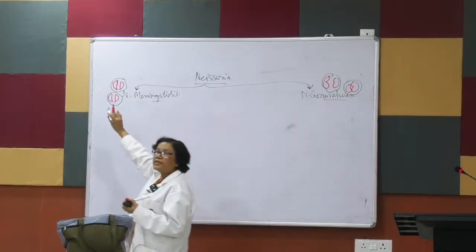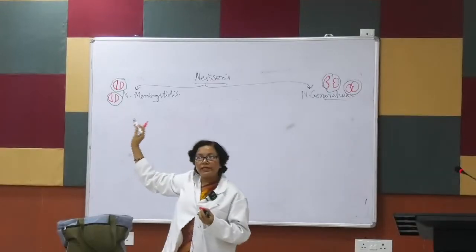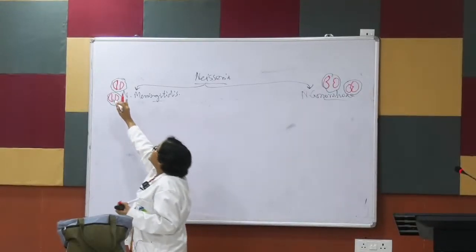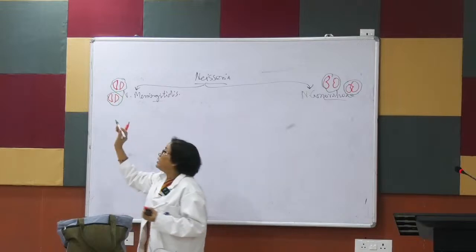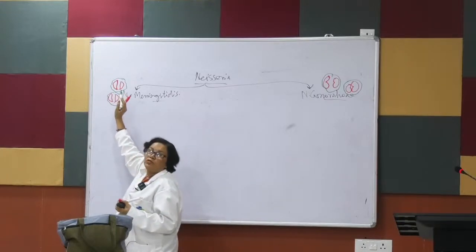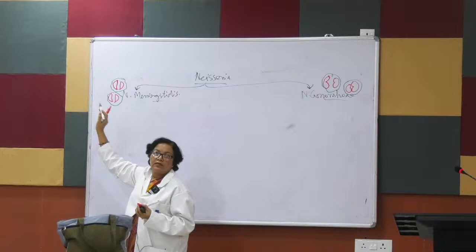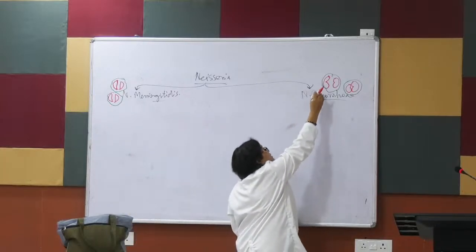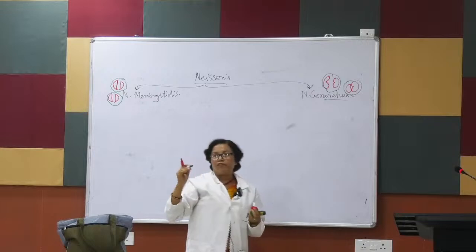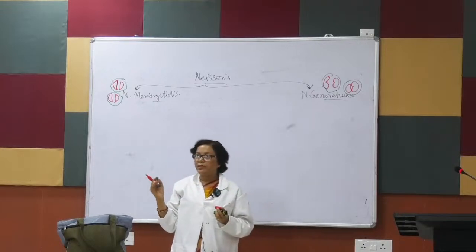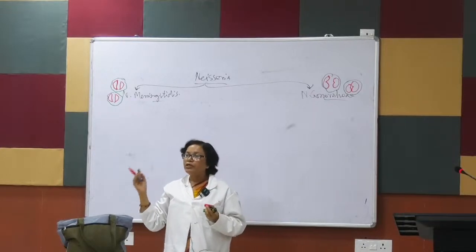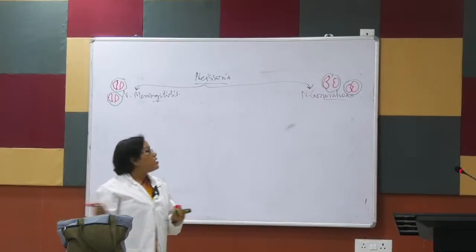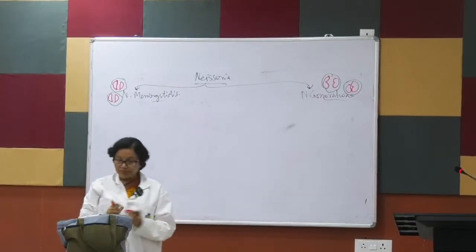You can see these are diplococci, and these are also diplococci, but adjacent sides are flat, and this is convex. So they are convex. This is Neisseria meningitidis, and in Neisseria gonorrhoeae the adjacent sides are concave, V-shaped or bean-shaped. This is the difference which we can see under the microscope to differentiate whether it is gonorrhoeae or meningitidis.